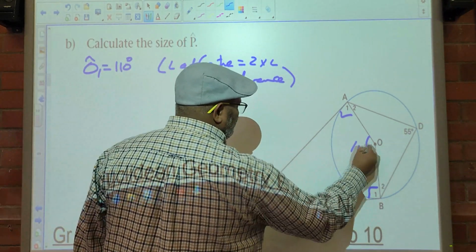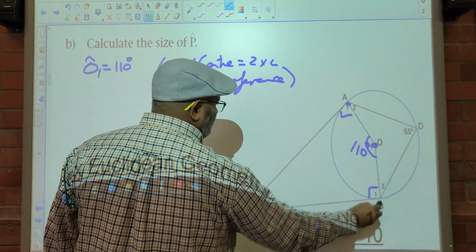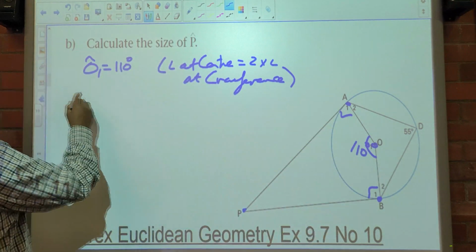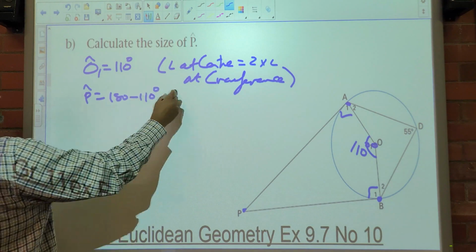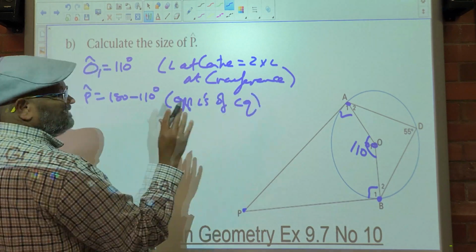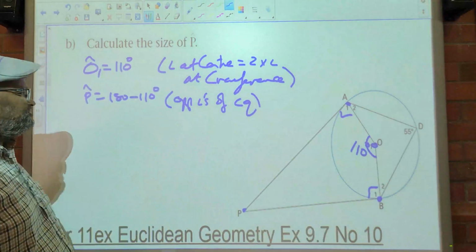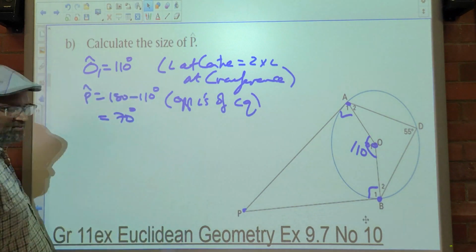So she's saying instead of getting sum of angles in a quad, because this is a cyclic quad, opposite angles are supplementary. So angle P is equal to 180 minus 110 degrees, opposite angles of cyclic quad. Remember, all cyclic properties at this stage are now evident in that quad. That gives you an answer, 70 degrees.